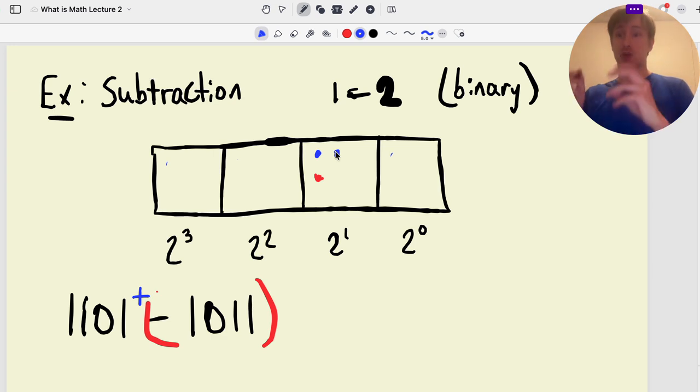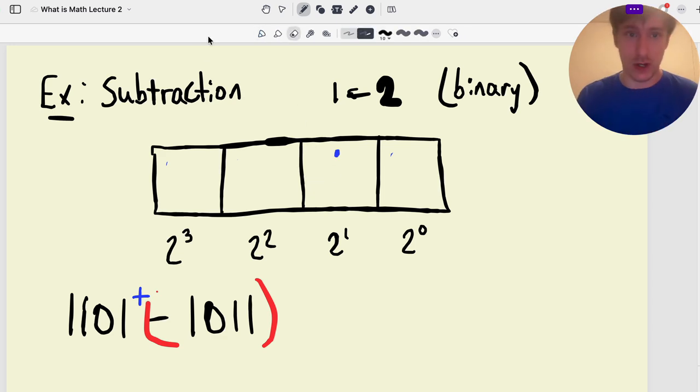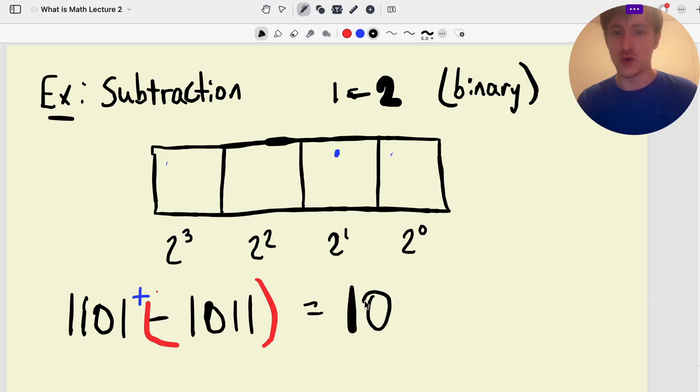Now, normally, yes, those 2 dots would explode and move back to the left. But before that happens, the blue and the red dots annihilate each other. So I really just have that. And that is my answer. Okay, so it looks like 1101 minus 1011 is going to produce the number 10, which is not ten.